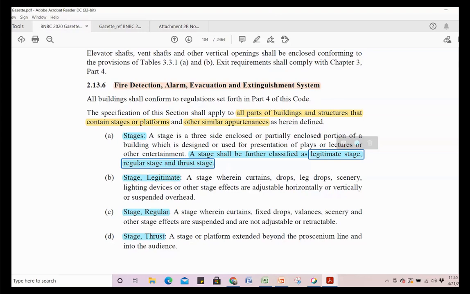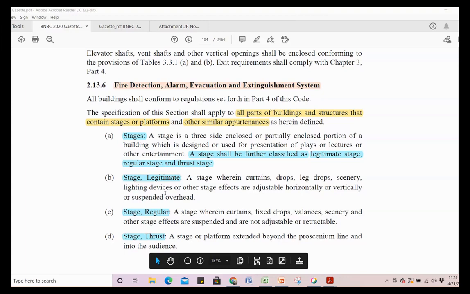So actually here they are not B, C and D, they are rather A1, A2 and A3. These are not of the same hierarchy actually. So let us go into the elaboration of each of the three types of stages.